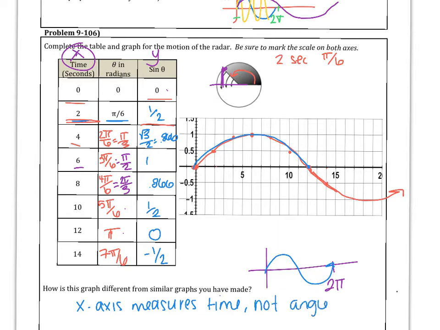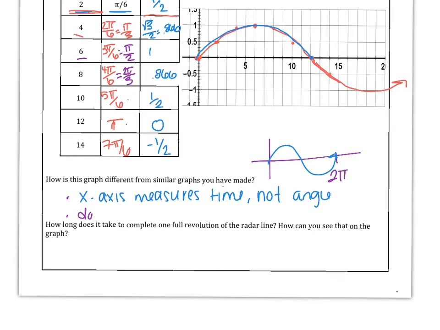Another big change here is just when we see this sine function repeat is not at the normal 2 pi. We see that it will not follow that, and then we'll specify how. So this does not follow the same pattern.